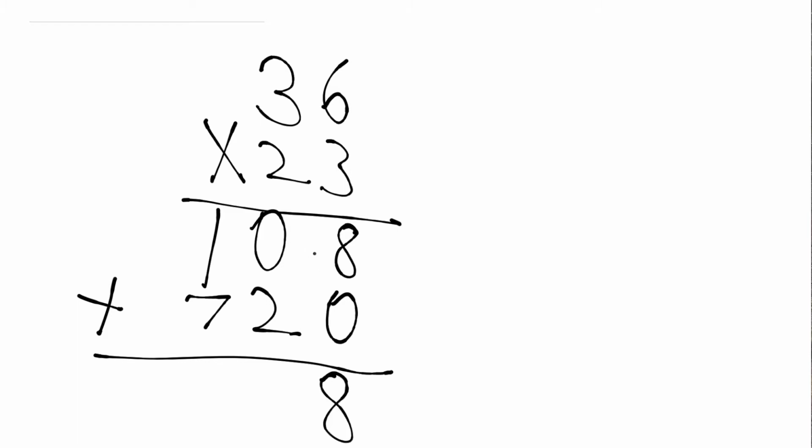And 0 plus 2 is 2. So we put 2 right here. 1 plus 7 is 8. And the answer is here: 828. And I hope you understand it.